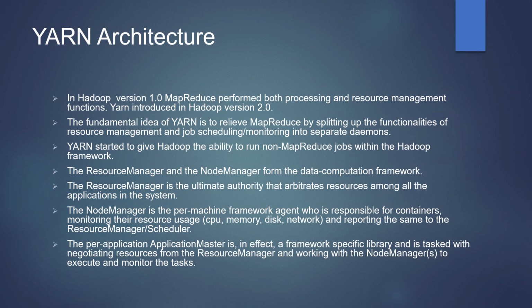YARN got introduced in Hadoop 2.2. In Hadoop version 1.2, MapReduce performed both processing and resource management functions. The basic idea of YARN is to relieve MapReduce from the two operations.